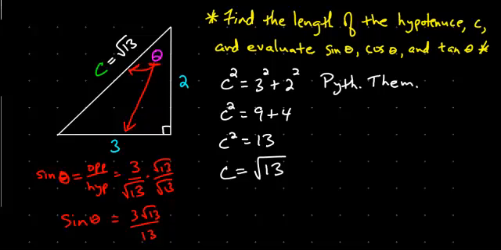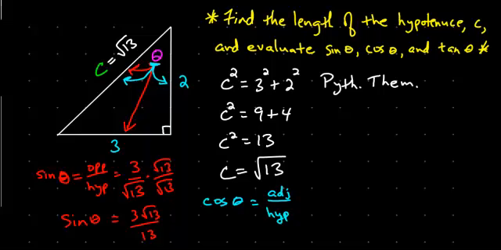Let's get the, what's next, cosine theta? Cosine is adjacent over hypotenuse. If I'm right here at theta, adjacent is going to be there, and hypotenuse is there.